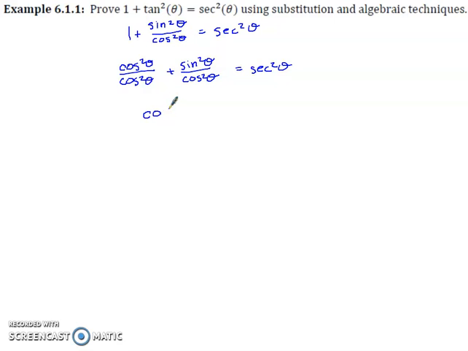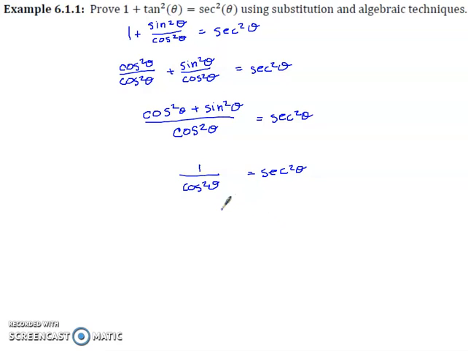Adding those things on the right-hand side, I keep my common denominator, and I've got cosine squared plus sine squared all over cosine squared. And the Pythagorean identity tells me that that numerator I can rewrite as 1 over cosine squared of theta.